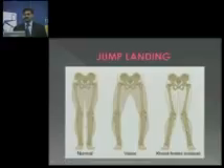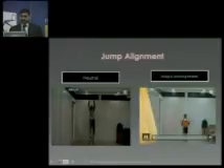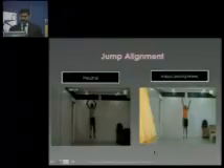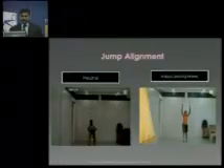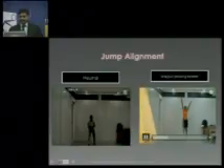This is important because valgus jump landing causes more knee injuries, especially anterior cruciate ligament injuries. So based on this, we had conducted a study among school-level basketball players, and around 60% of those players were landing in valgus. The video on the left shows a neutral landing, whereas the video on the right shows valgus or a kissing knee.